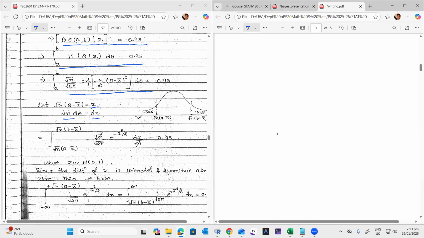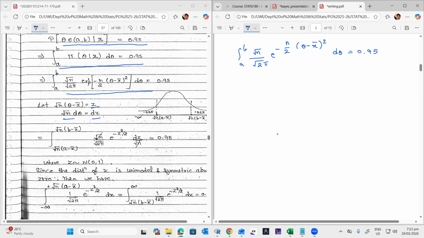All right, you have the integral from a to b of under the root n divided by under the root 2 pi e raised to the power minus n by 2 theta minus x bar whole square d theta equals 0.95.